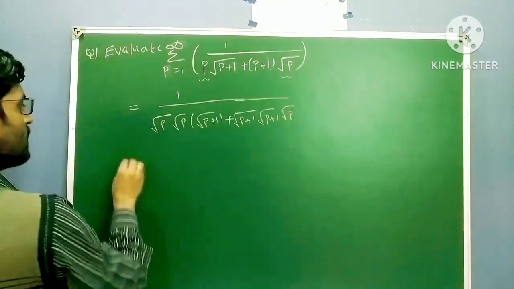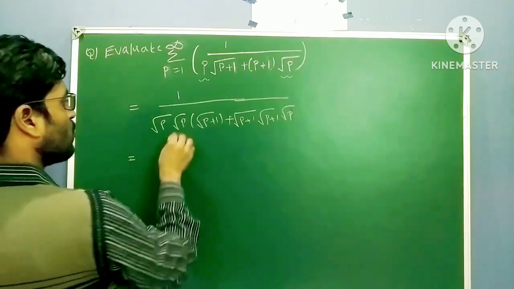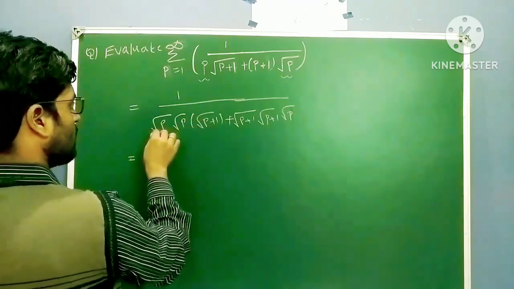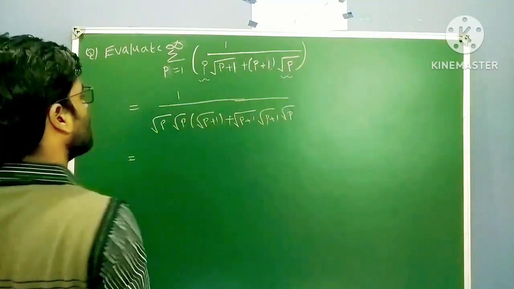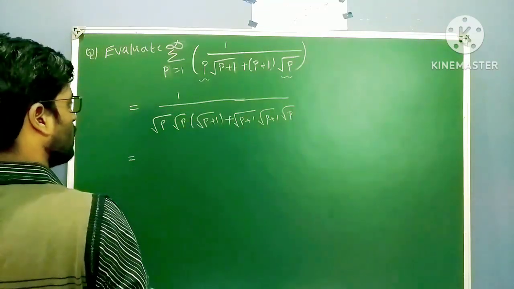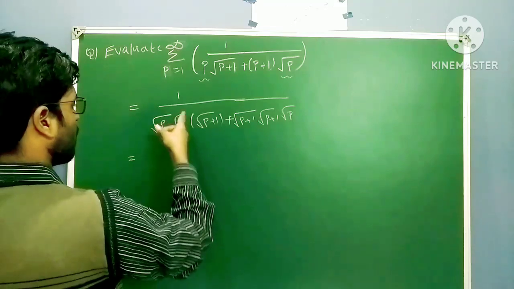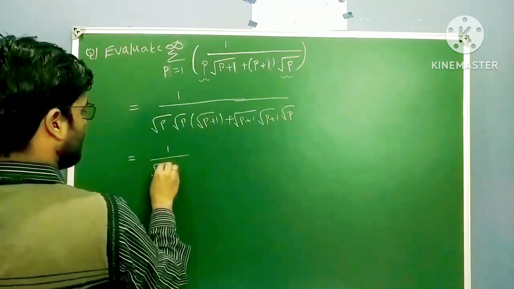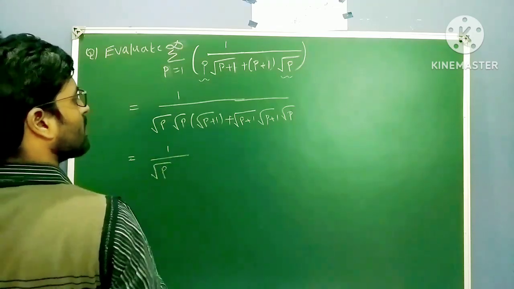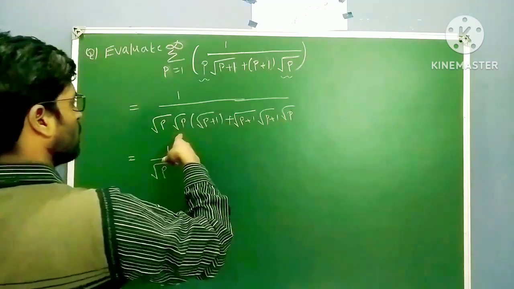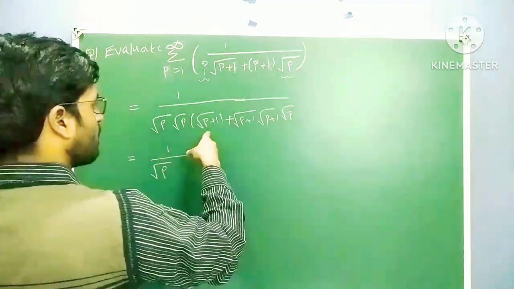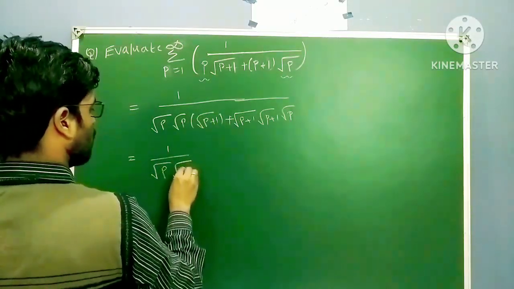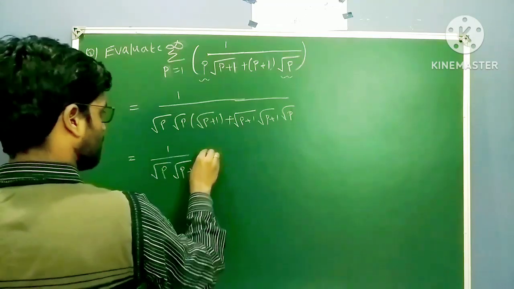Second, here root p is there 2 times, and root p plus 1 also 2 times, so I am just taking them common. If I take root p as common, 1 by root p here and 1 by root p there. Here root p plus 1 is there, and here root p plus 1 is there, so 1 by root p into root p plus 1. What remains?